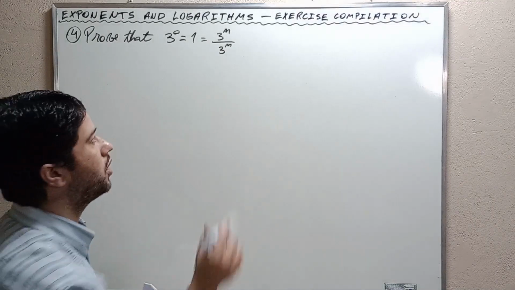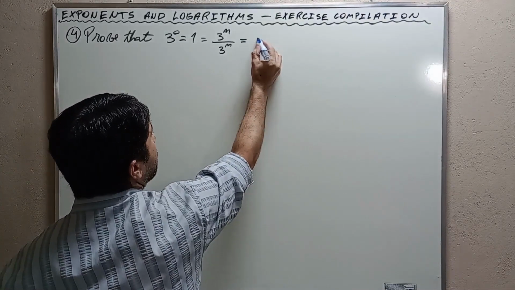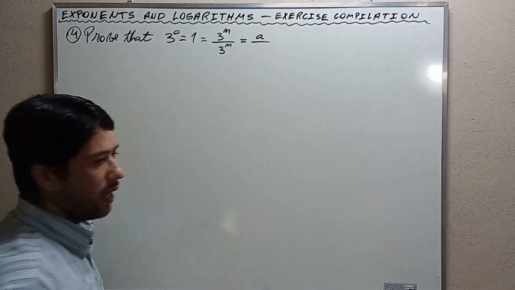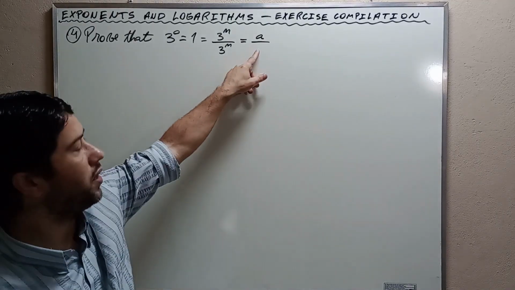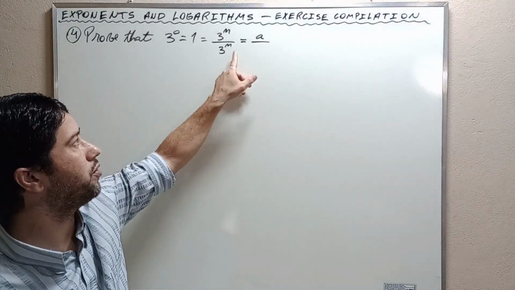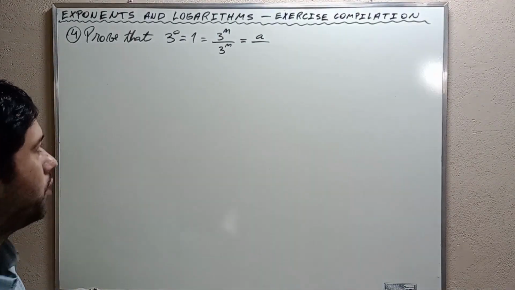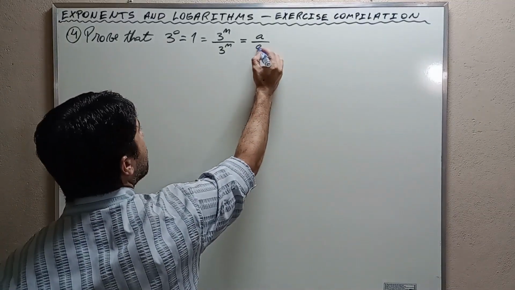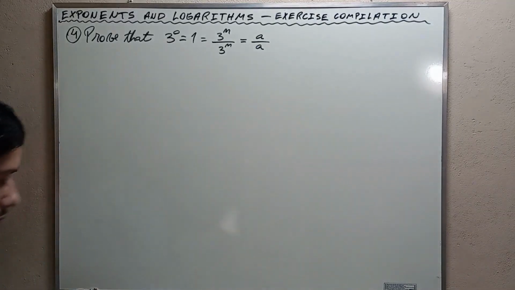Okay, let's call this number A. But the same number is in the denominator. 3 to the nth is also equal to A. And A divided by A is equal to 1.